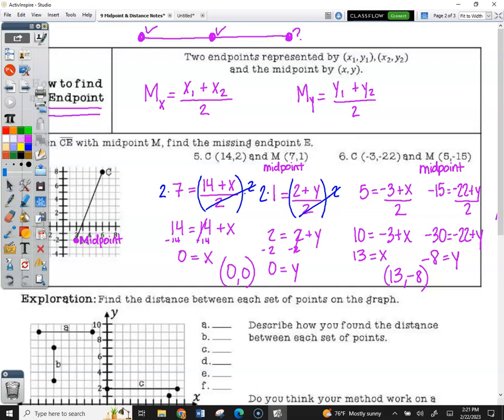The alternative way is going back to the day that I taught midpoint to you, and I explained that when you do find the midpoint of a segment, if you use kind of like the slope concept, rise over run, you can draw 2 triangles that match exactly. And so if you look at this, and this is where I need to erase this because I'm going to cut into it.